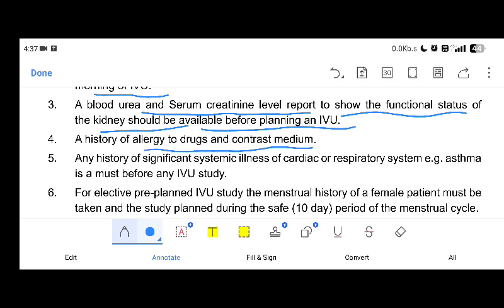History of allergy to drugs and contrast medium, and any history of significant systemic illness such as cardiac or respiratory disease, like asthma, must be taken before any IVU study.